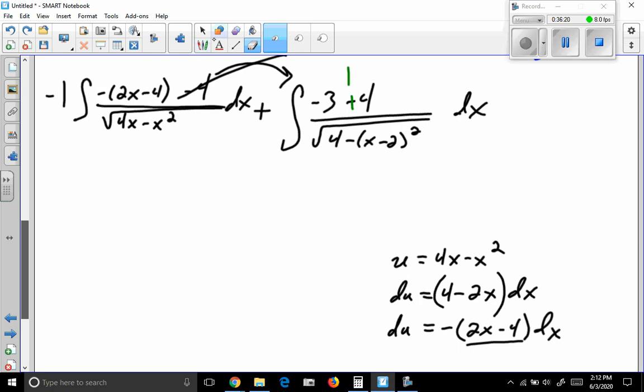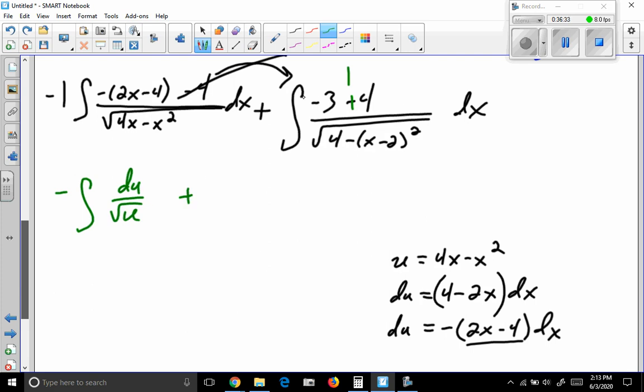So we have a negative out front. This is du over the square root of u. Here we have 1 dx, which for that dx is du over square root of a squared minus u squared. So it turns out we didn't have a number over here we were going to have to pull out.